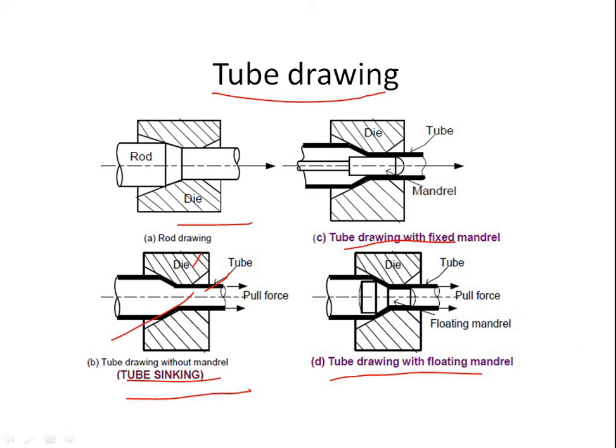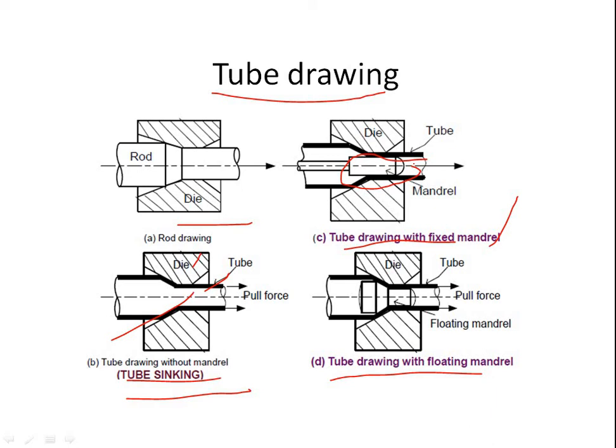Next we'll be discussing tube drawing with fixed mandrel. In this method, a short mandrel or a plug is used to perform the drawing operation. The diameter of the mandrel is equal to the inner diameter of the tube being drawn.